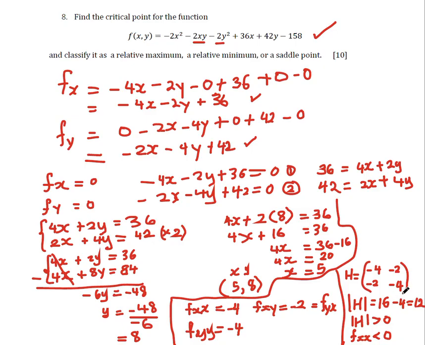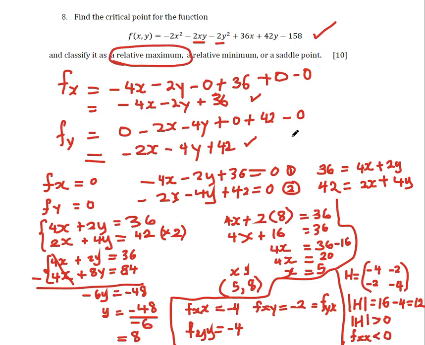have a relative maximum at the coordinate 5, 8, which is the critical point or turning point for this function. So at the critical or turning point 5, 8, we have determined that there's a relative maximum.